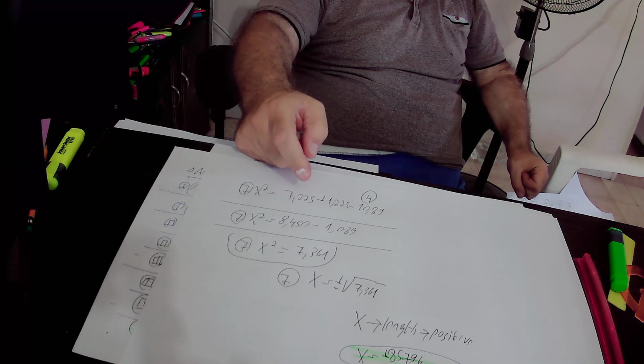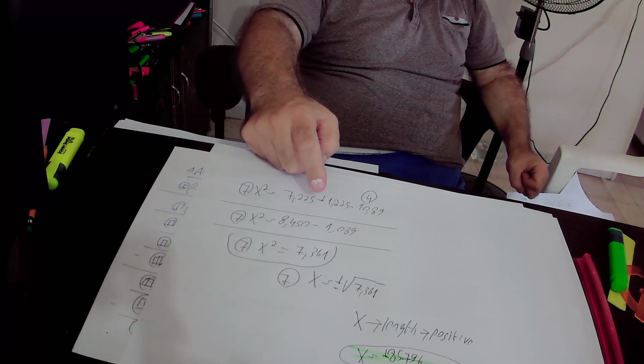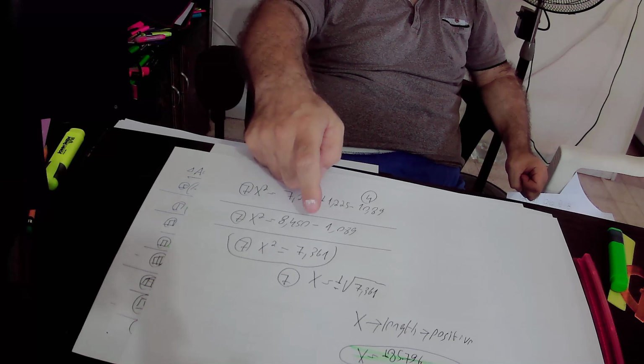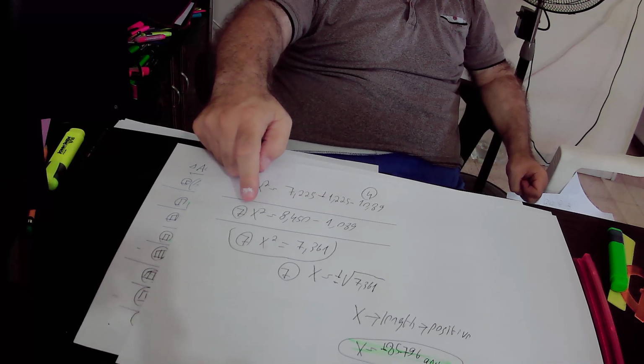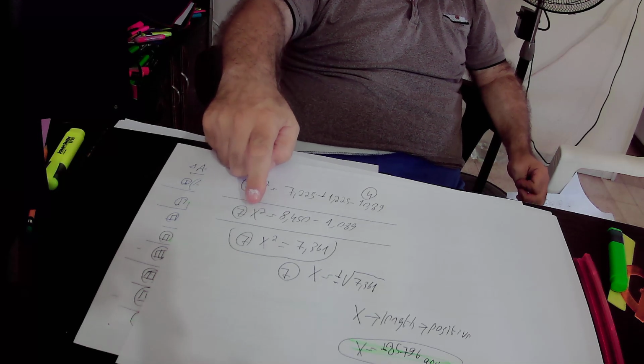So 8,450 minus 1,089 equals 7,361. So we found out that according to equation number 7, x squared equals 7,361.